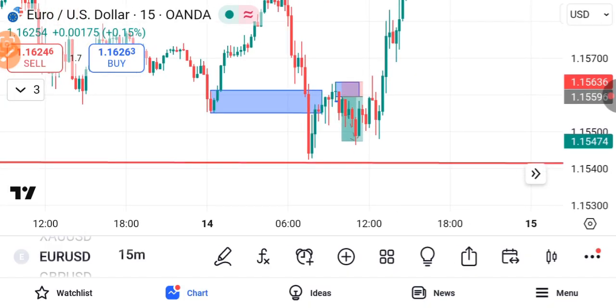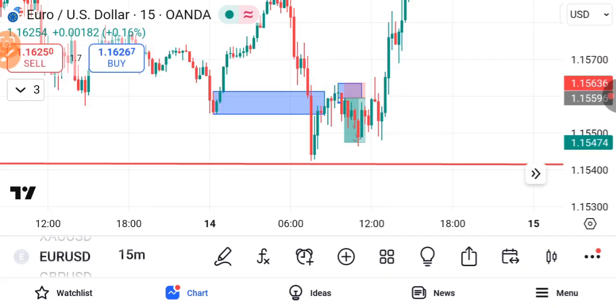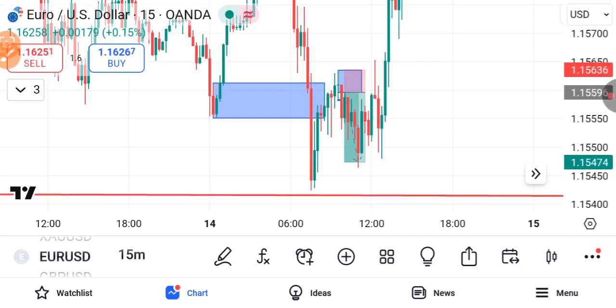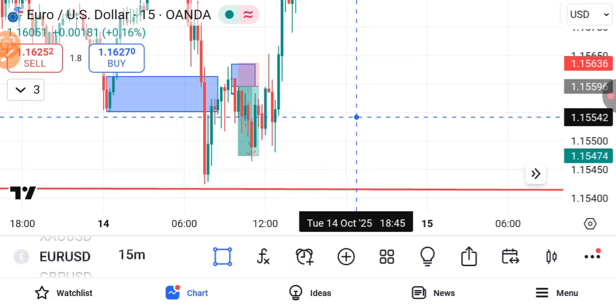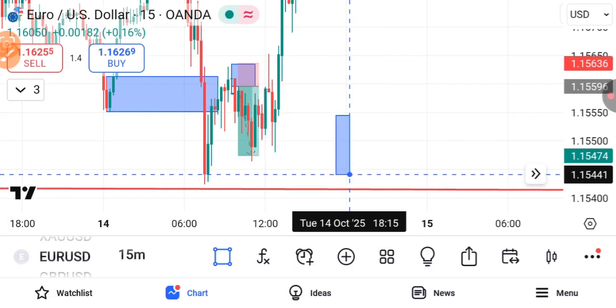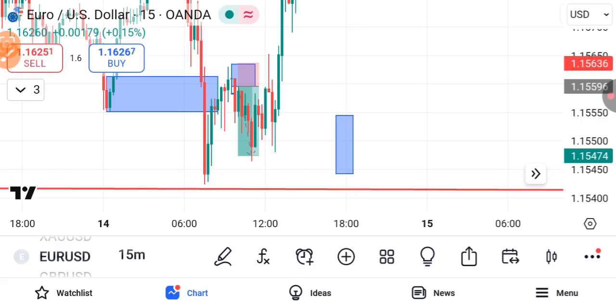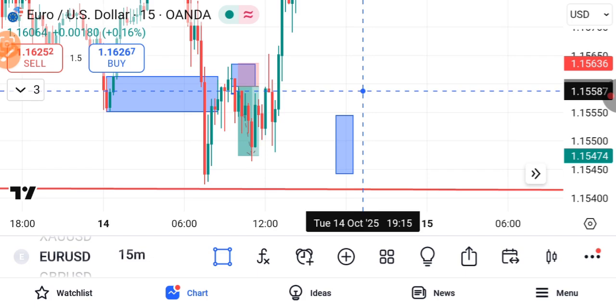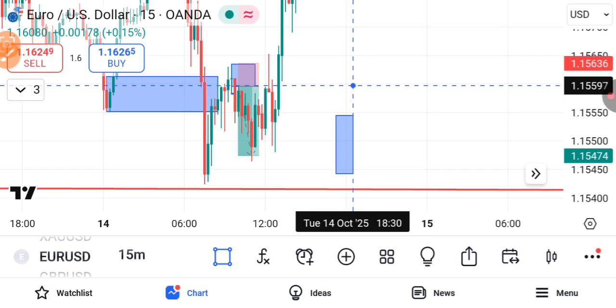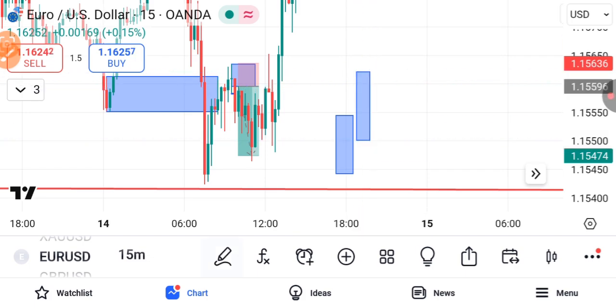So let me show you what a fair value gap means. A fair value gap is a 3-candle formation where the first candle and the third candle didn't actually meet. Let me show you an example.